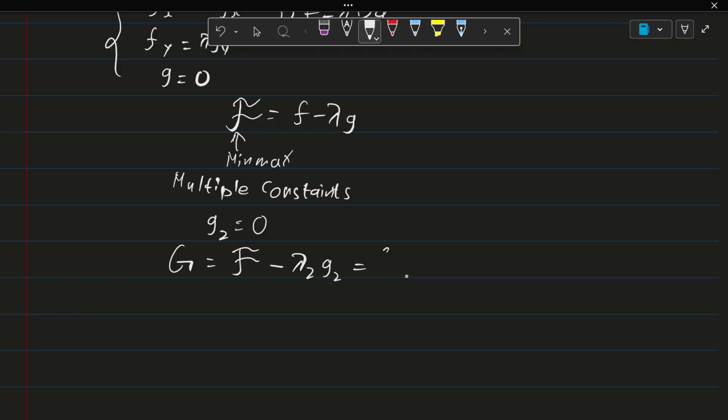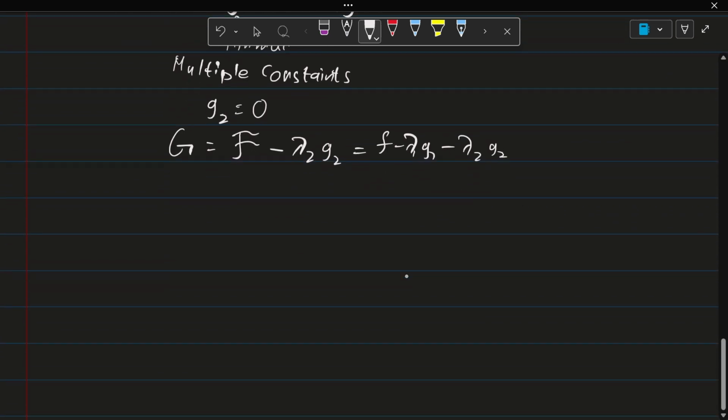This is pretty much f minus lambda 1 g1 minus lambda 2 g2. So g is your constraint, the subscript corresponds to which constraint, and lambda corresponds to the Lagrangian multiplier for that particular function. So now we can jump into the idea of integrals.